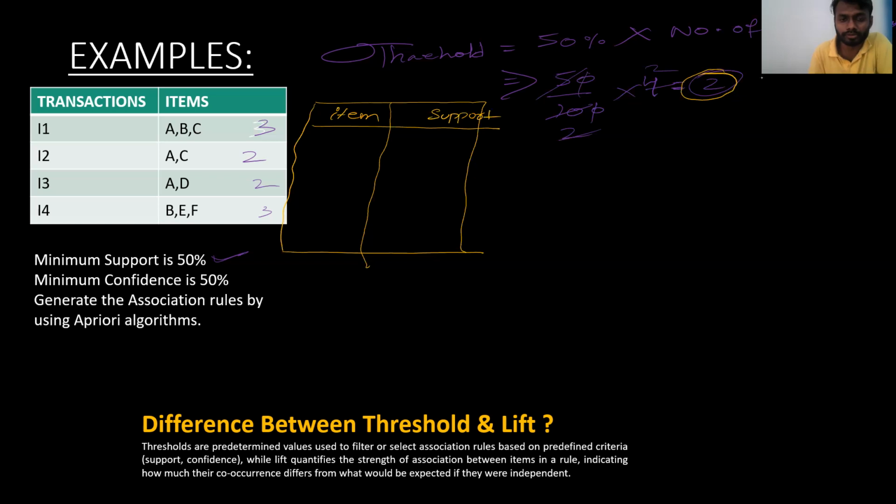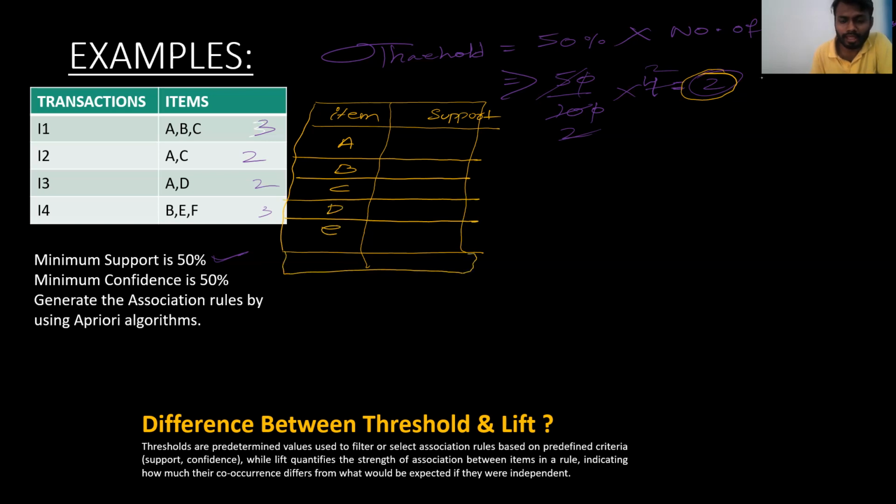So here the items: A is there, B is also there, C is also there, D is also there, E is also there, and F is also there. So how do we write it?